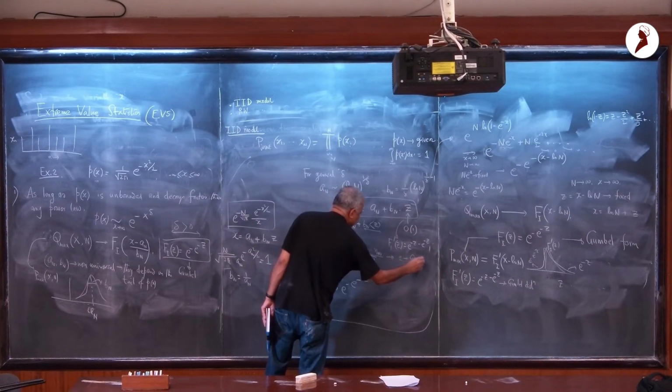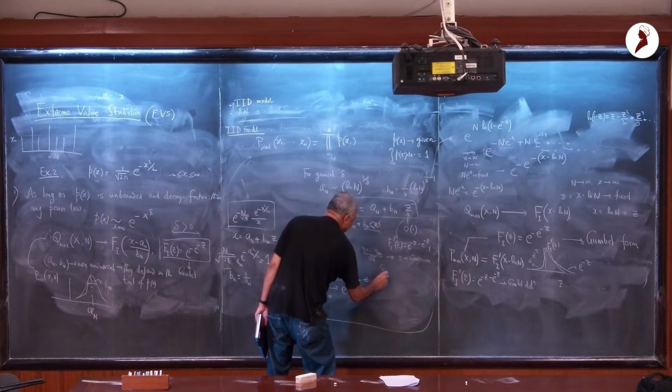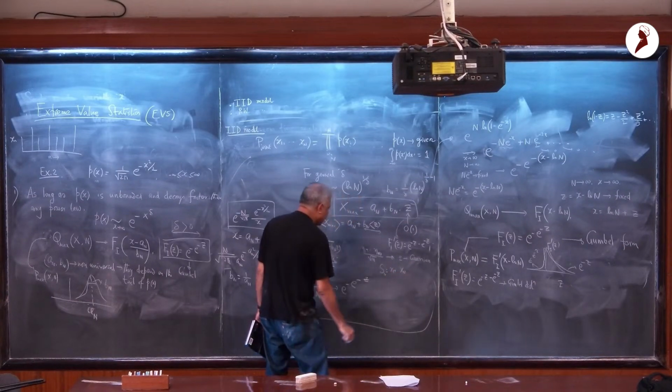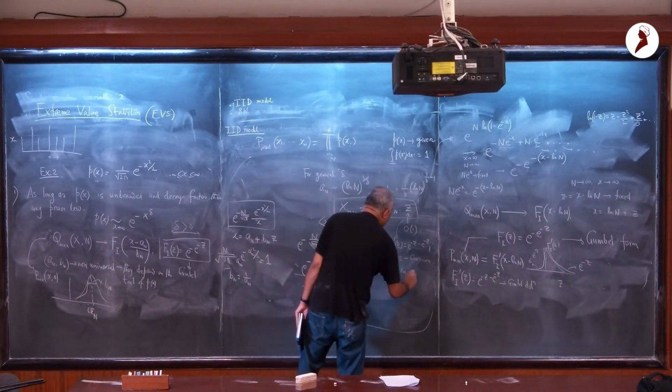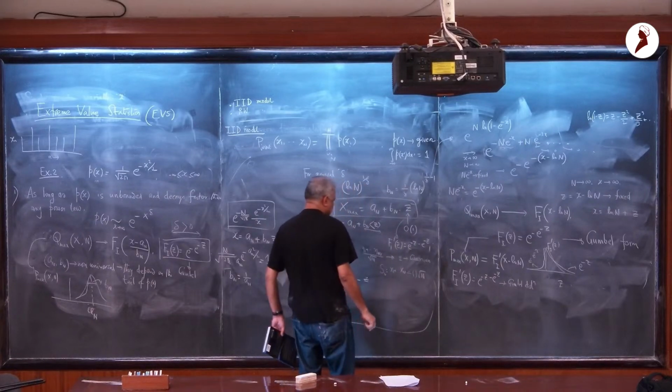This is the statement of CLT, the central limit theorem. What this means is that if I look at the sum of n random variables, so in this language, suppose I say x1 plus x2 plus x3 up to xn, then for large n this goes as something times square root of n, okay?